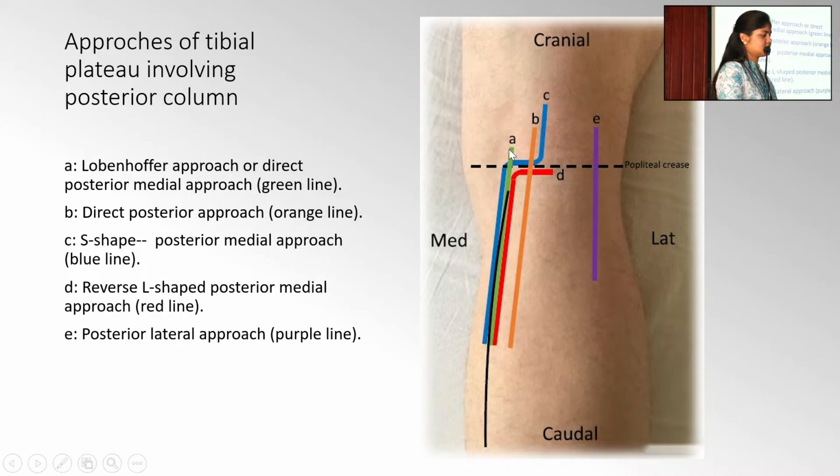So this is a Lobenhofer approach or direct posteromedial approach, and the direct posterior approach is this one, through which we usually go along the fibular head, and the S-shape approach, and the posteromedial approach, this one, and the reversed L-shaped approach.